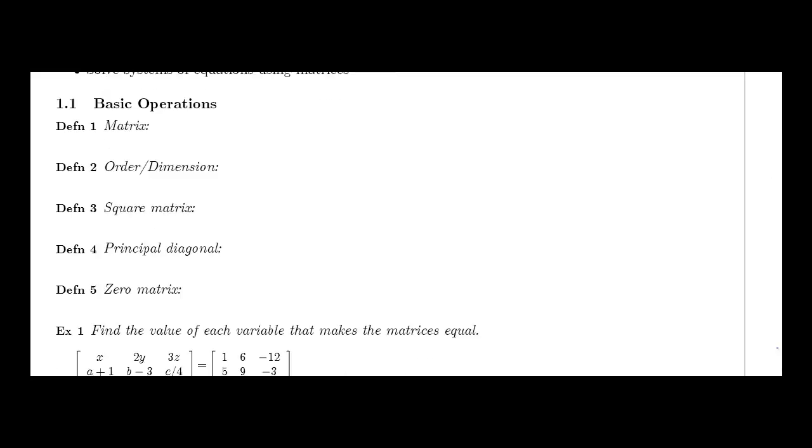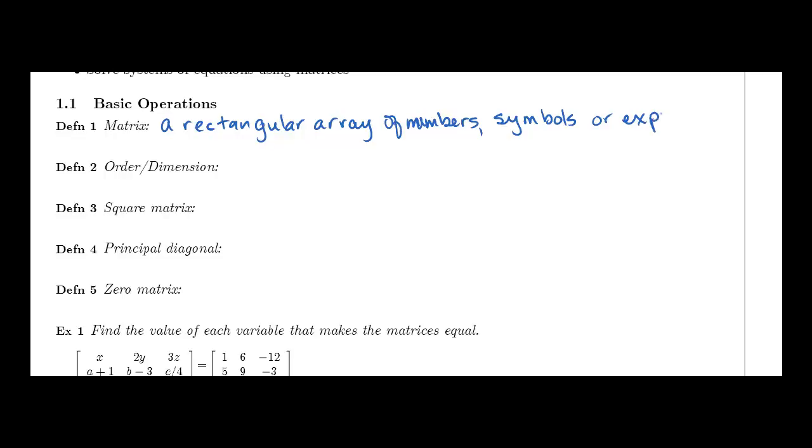The plural for matrix is matrices, and I already mentioned the definition of a matrix. It is a rectangular array of numbers, symbols, or expressions arranged in rows and columns.